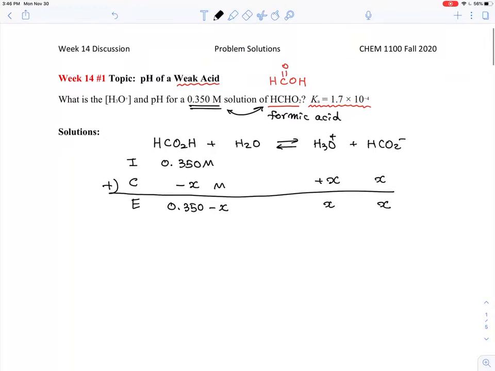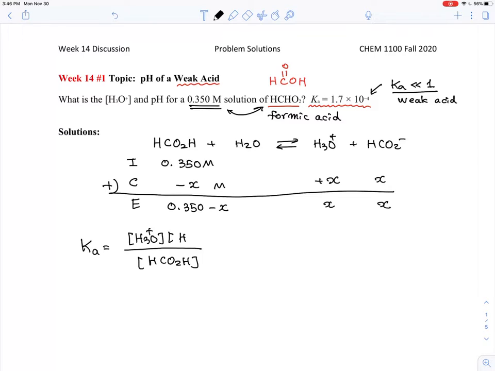Note that this Ka value is very, very small. That's a weak acid. And so we are going to write the definition first, which is the HCO2H formic acid concentration, and H3O plus and HCO2 minus.